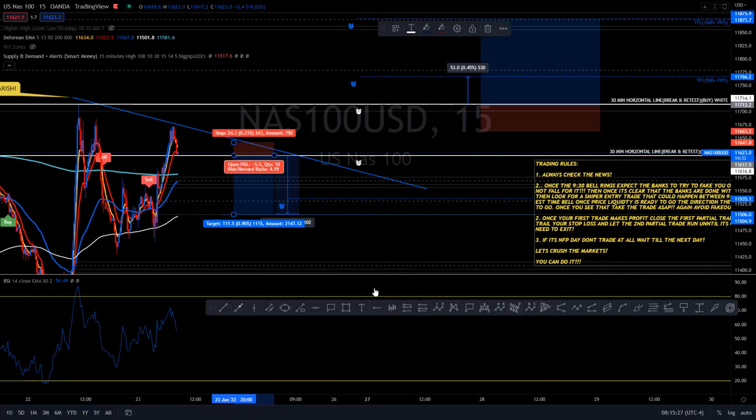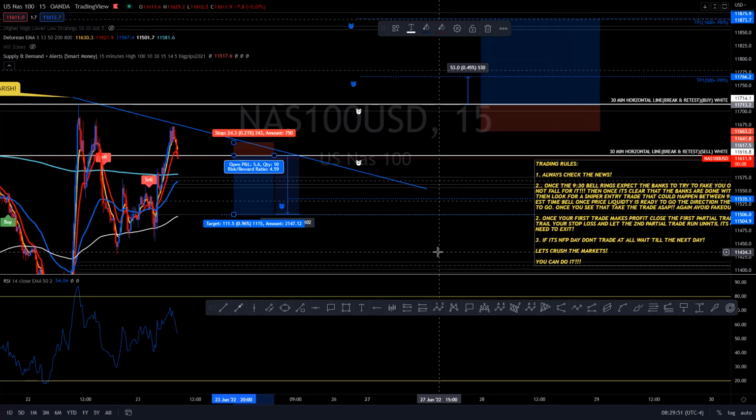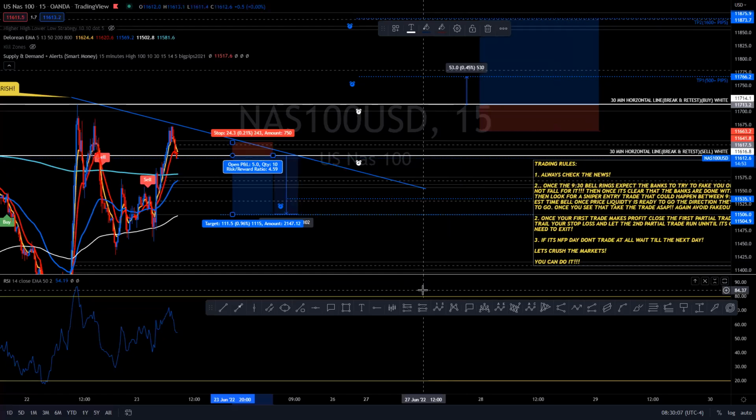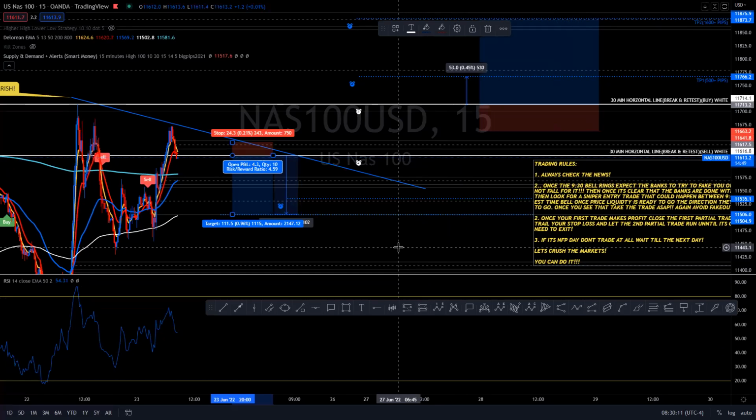Yep, so we'll see what price does when we hit the 8:30 candle. We've got less than 15 seconds, about 5 seconds until the 8:30 candle. This is the news candle, so we need to really see what price wants to do.